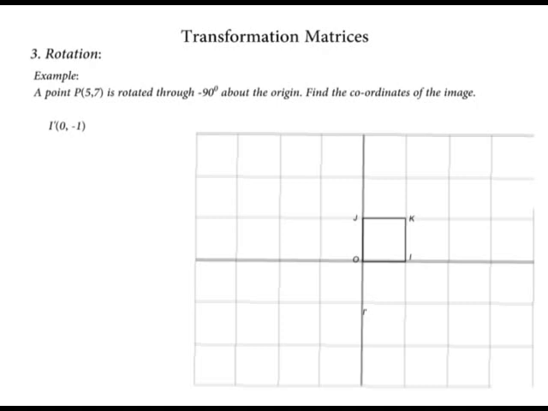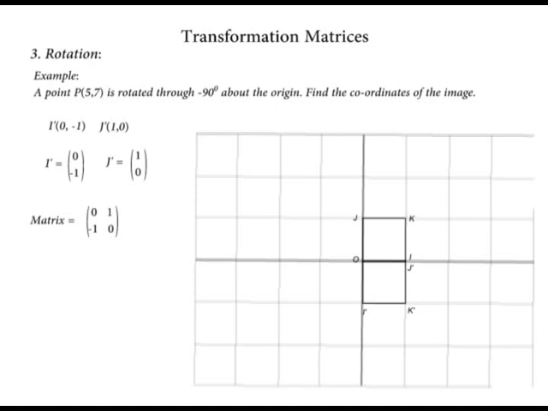If J is rotated -90, it will be here, J prime (1, 0). As vectors, I prime is equal to (0, -1) and J prime is equal to (1, 0). As a matrix, that is [0, 1; -1, 0]. This is the rotation matrix for -90 degrees about the origin.